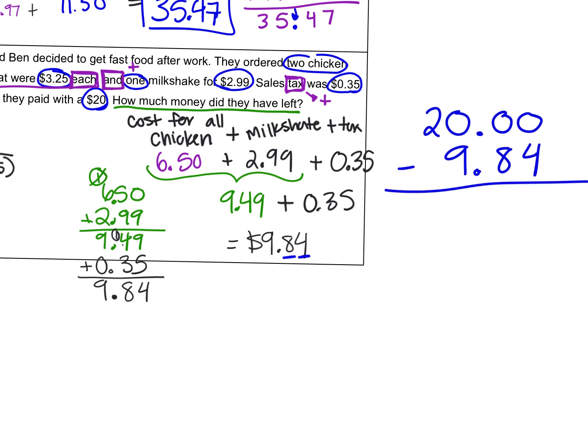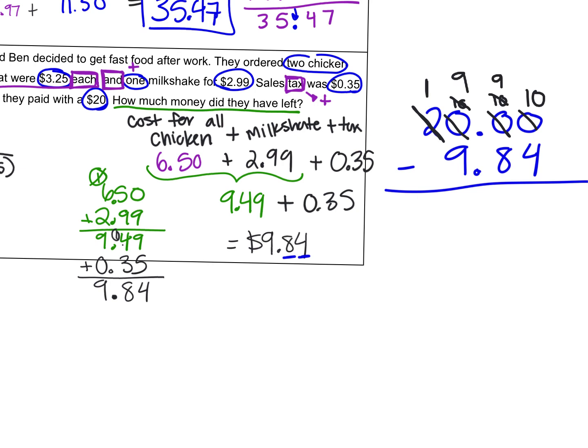We're going to have to borrow. Right, because in this format, we can't do 0 minus 4. So I have to go all the way over to the 2, make it a 1. So this 0 would become a 10, but I have to borrow from that. It becomes a 9. So this 0 becomes a 10. I have to borrow from that. Become a 9. So this one can be a 10.